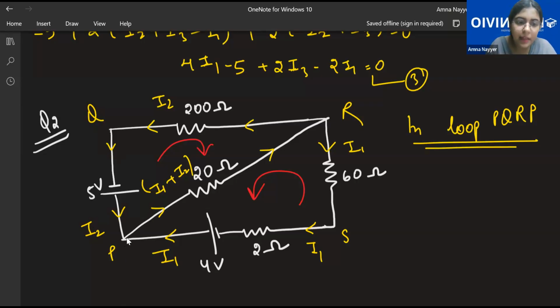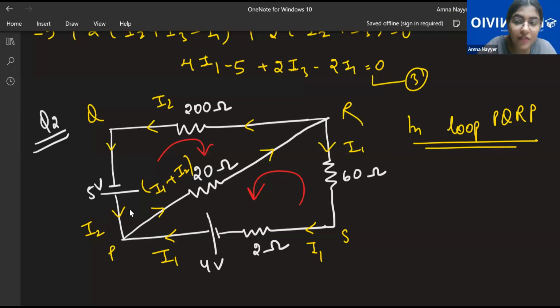Ubaidullah, can you tell me from here P to Q, what should I write for this branch? Only voltage is there because only a cell is there, no resistor. Are we going from negative to positive?